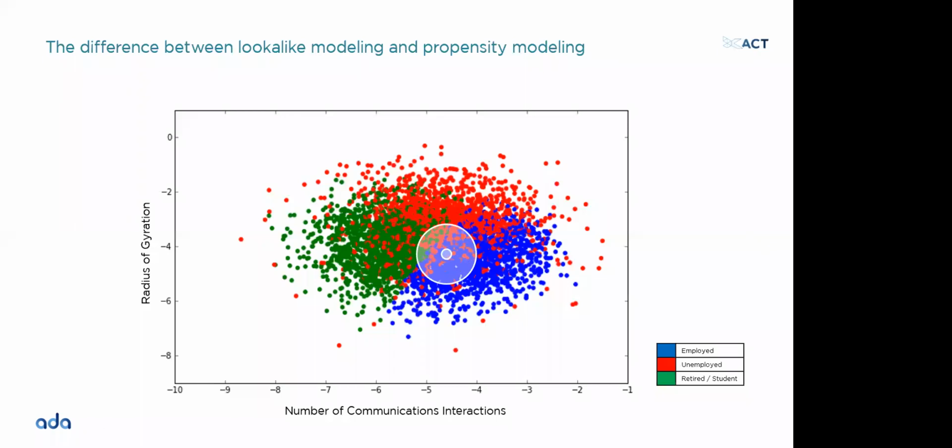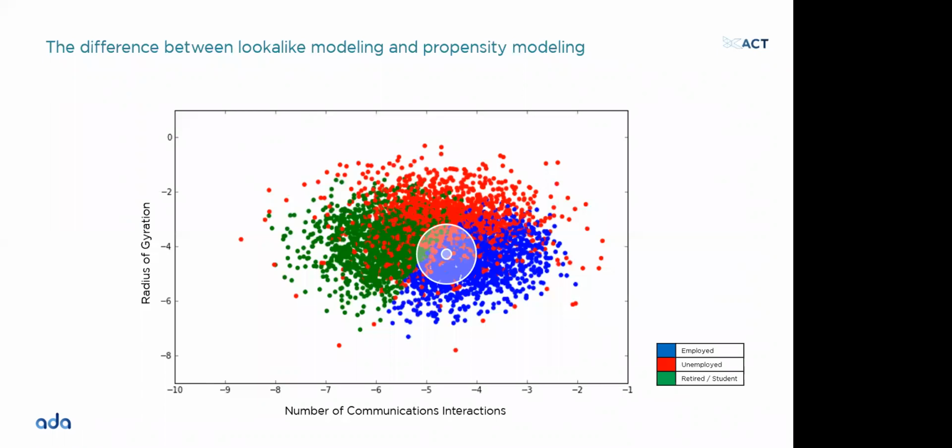So the problem with lookalike modeling is that by just expanding and loosening the targeting criteria, it ends up including a lot of irrelevant audiences into the segment. And if you take lookalike modeling to the extreme, if you expand this circle across the entire page, what you end up including is literally everybody. So that's the difference between lookalike modeling and propensity modeling.